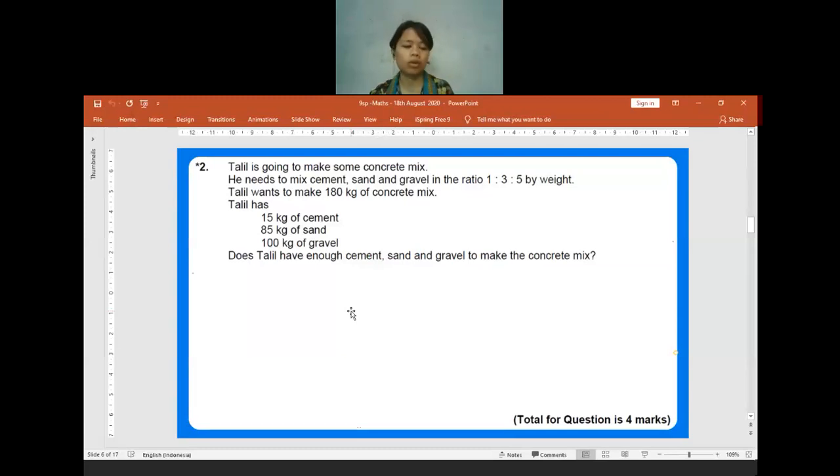Okay, so for the question 2, we already have a ratio 1 to 3 to 5. And then we also have the total weight for this constraint, which is equals to 180 kg. Now we need to check how much cement we need to make this mixture.